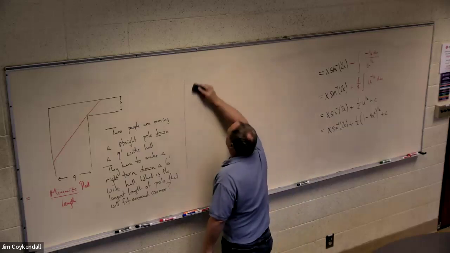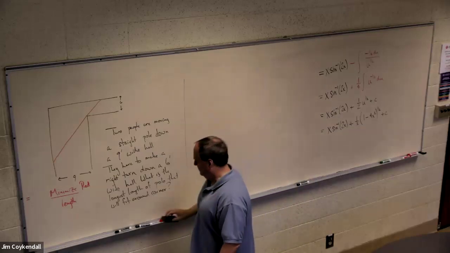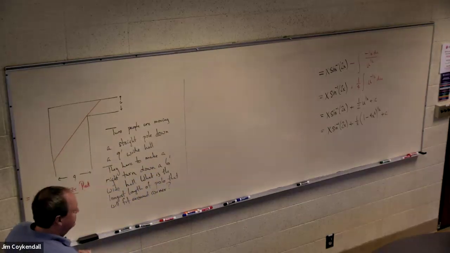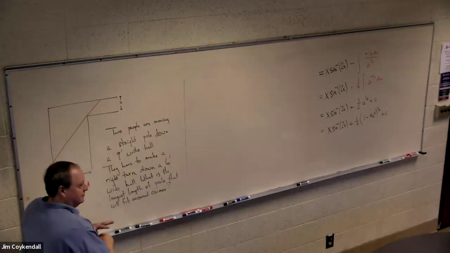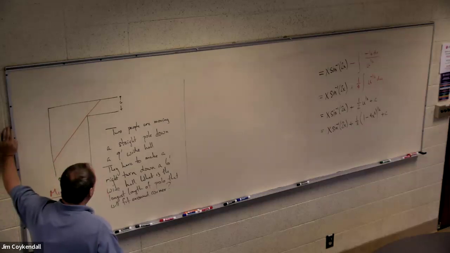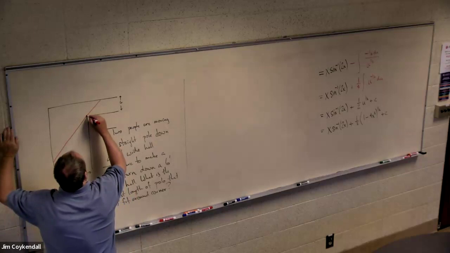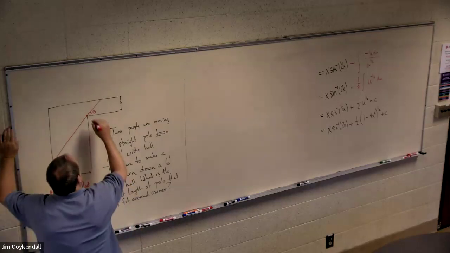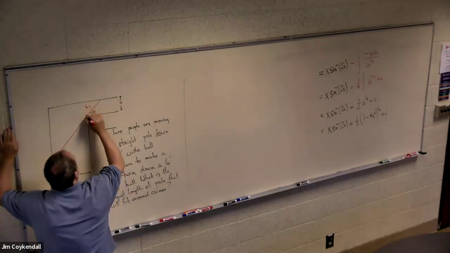How do we even go about this? I'm going to explain this. So I'm going to call this theta. I'm going to call this L1. That is the length of the pole from where it hits this corner over here.